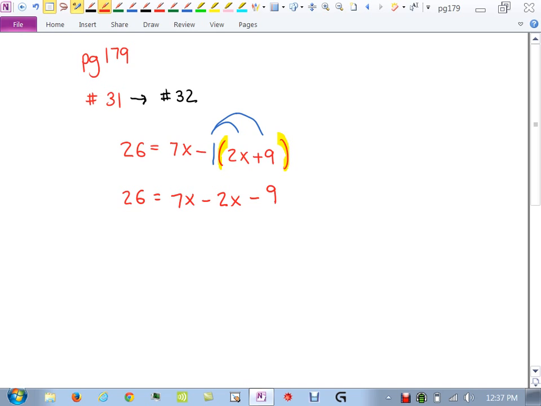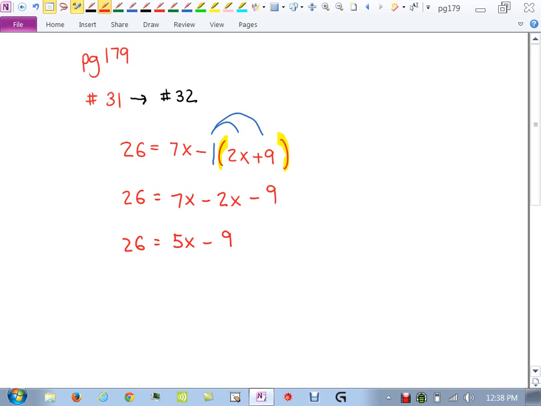Now I look for fractions and decimals. I don't have them, so then I collect like terms. On the left, 26, I can't do anything with it. On the right, I can put some stuff together, can't I? So 5x, that's 7x minus 2x, minus 9.